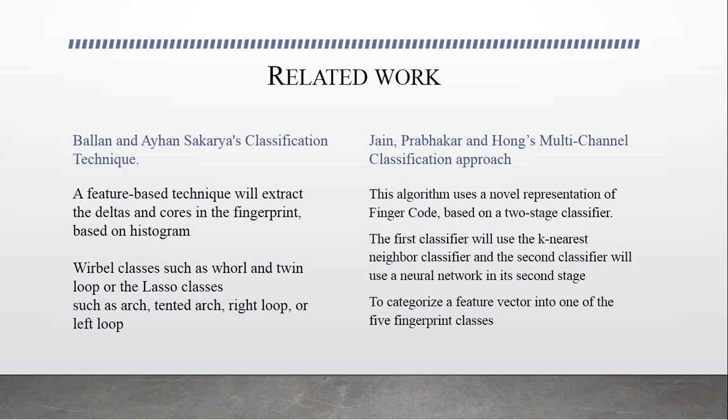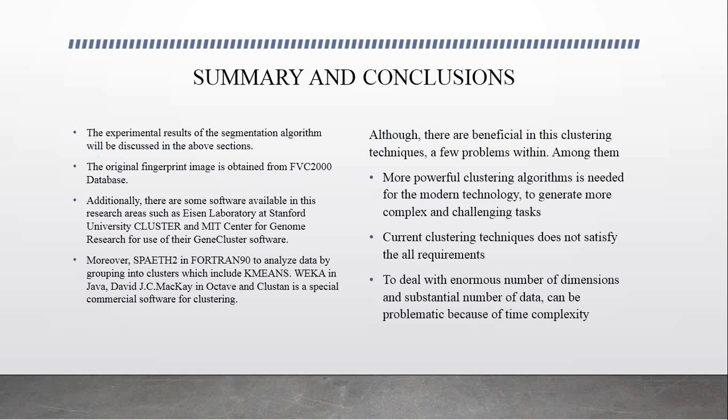Next, Jain, Prabhakar and Hong's multi-channel classification approach. This algorithm is for FingerCode based on a two-stage classifier. The first classifier uses a k nearest neighbor classifier, and the second classifier uses a neural network in its second stage to categorize a feature vector into one of the 5 fingerprint classes.